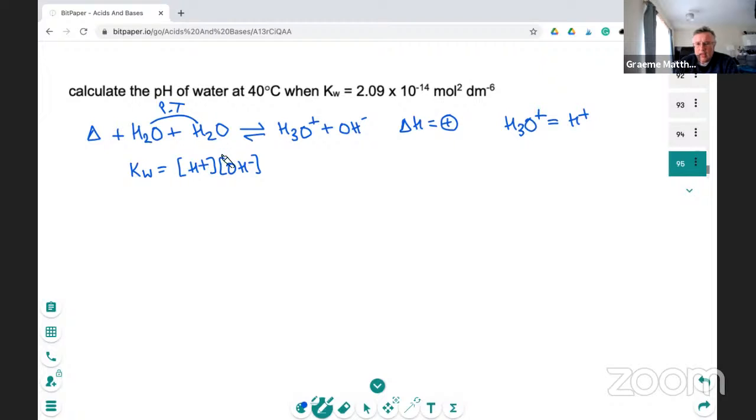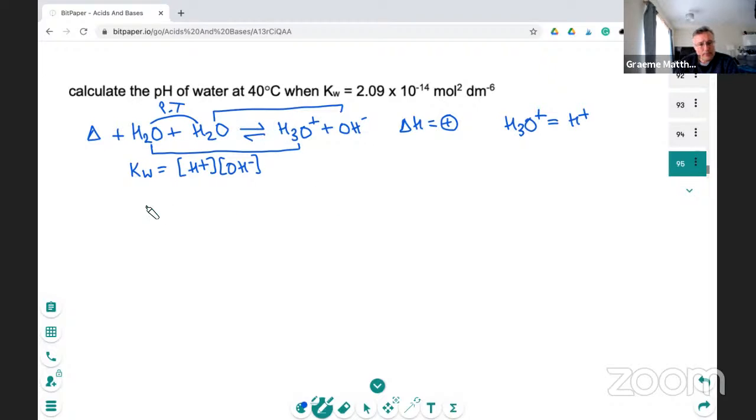Would you agree, chemists, that there's a one-to-one correspondence between the water molecule that is acting as a base and giving you the conjugate acid, and the one that's acting as the acid and giving the conjugate base?